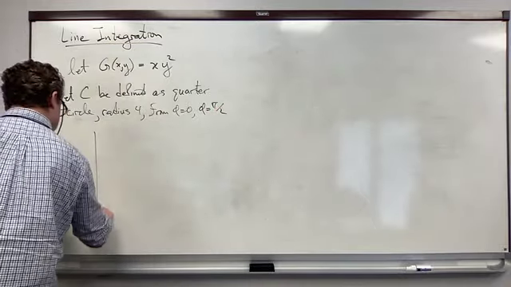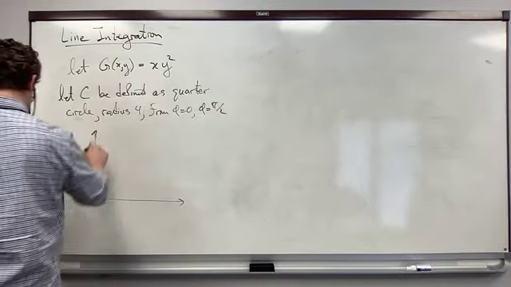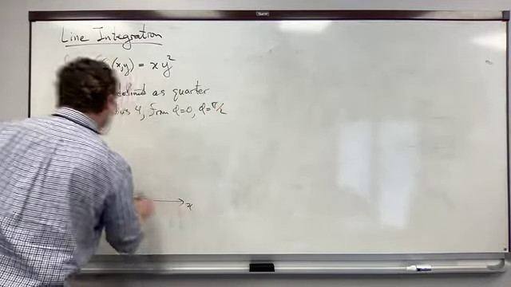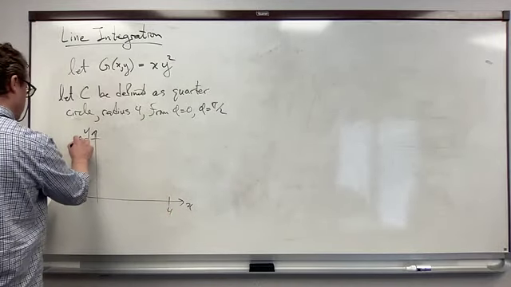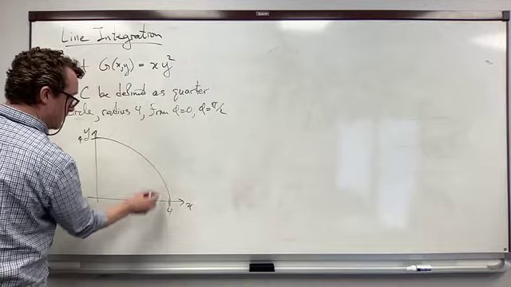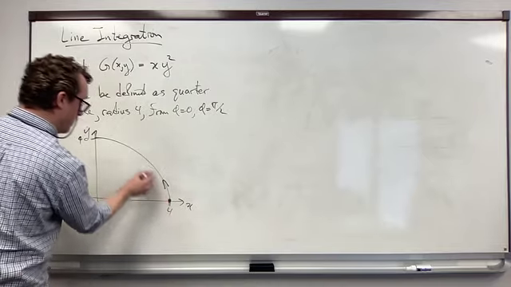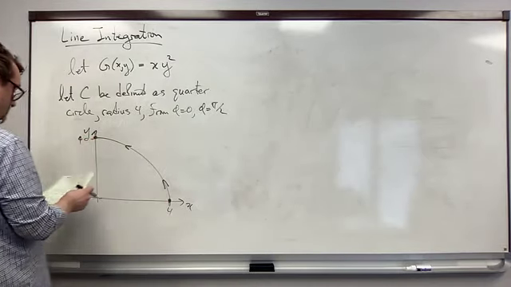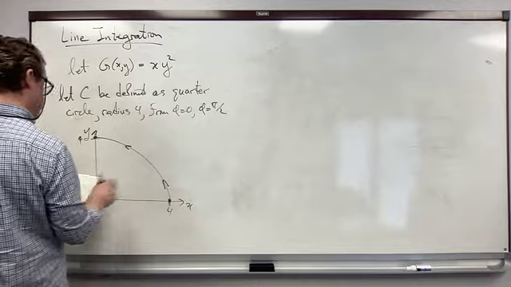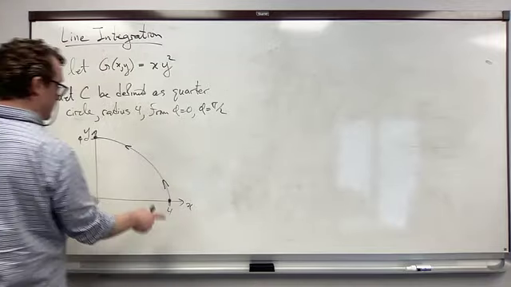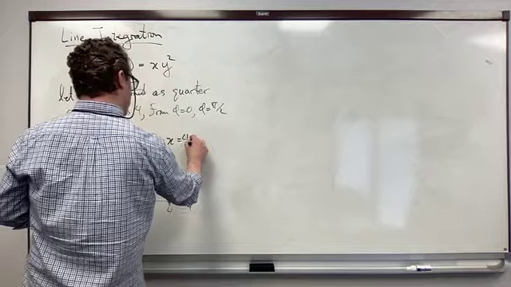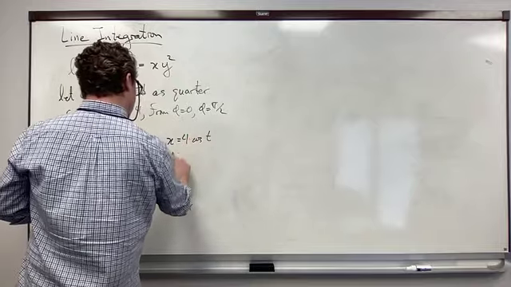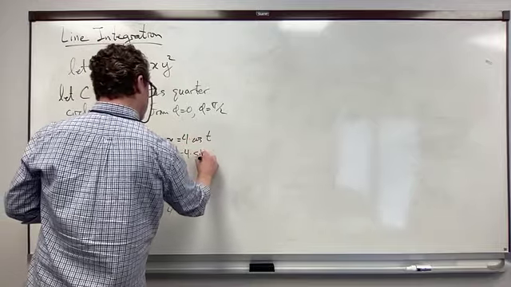So this is what C looks like. This is x, this is y, this is 4, this is 4, okay? And we're going to go from here to here. When we write it like this, it's a quarter circle. So x is going to equal 4 cos t, y will be 4 sine t.